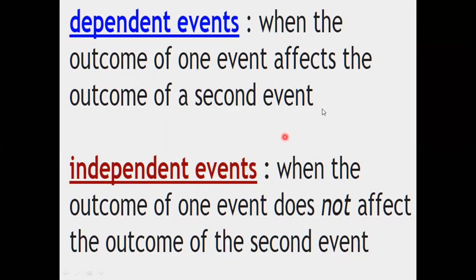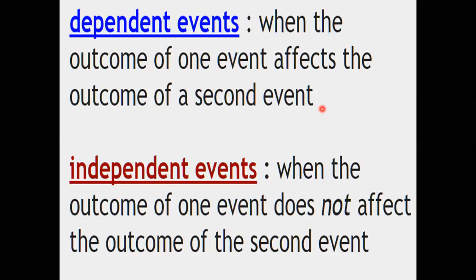And such events that we call dependent events involve all that which has to do with selecting items from a number of those kinds of items where you have no need of replacing.